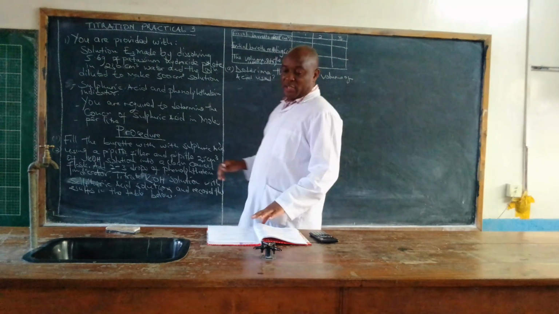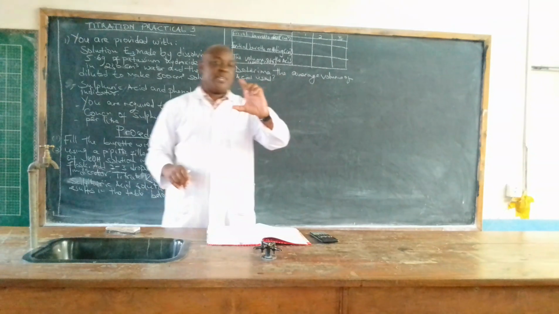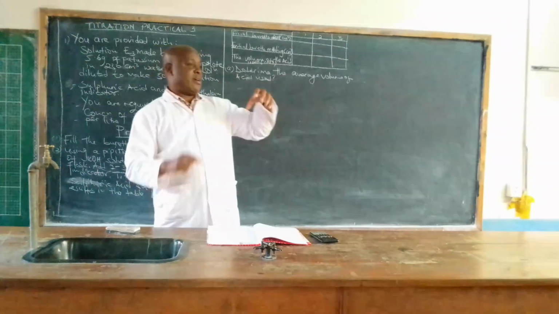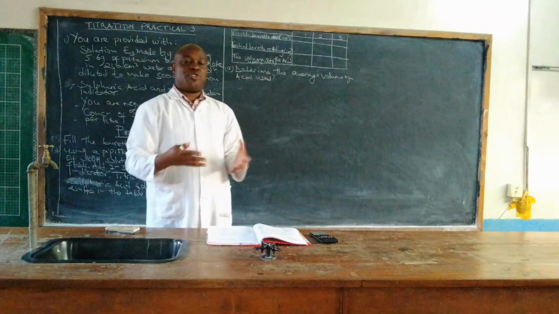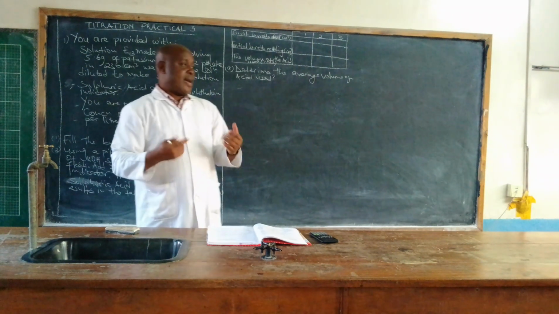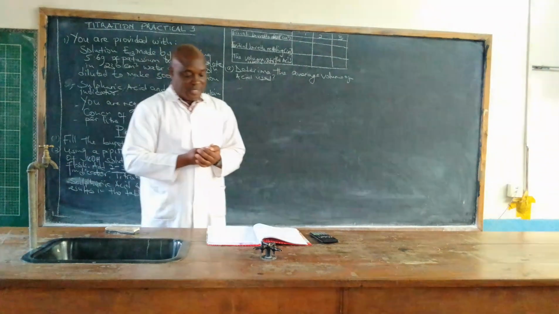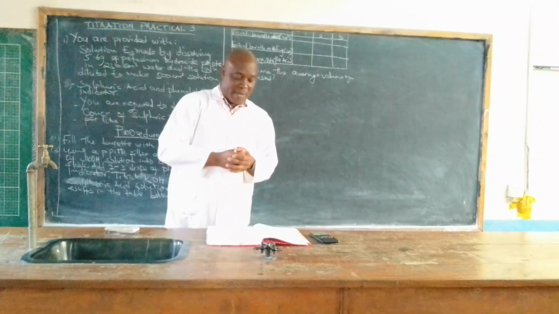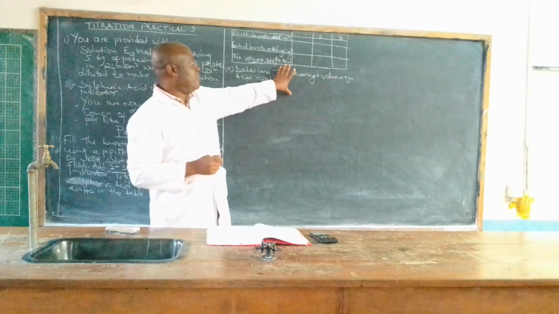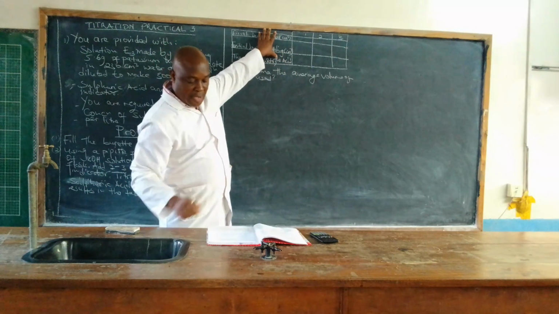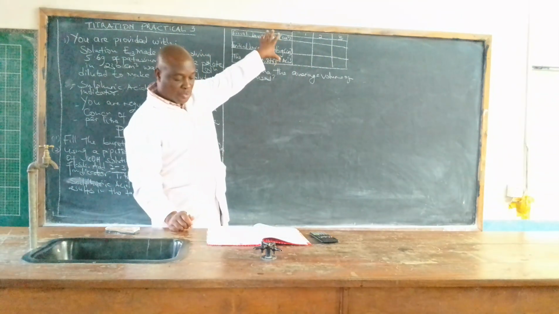So now we will just assume that we have done that titration practical, and we have found the average volume as follows. Because the average volumes are supposed to be tabulated in the table above.